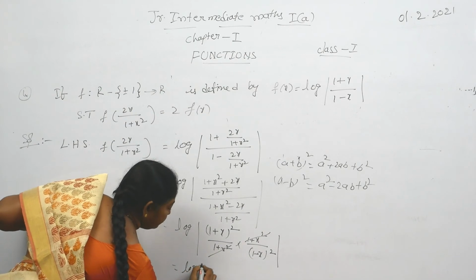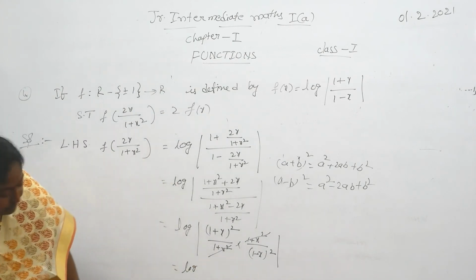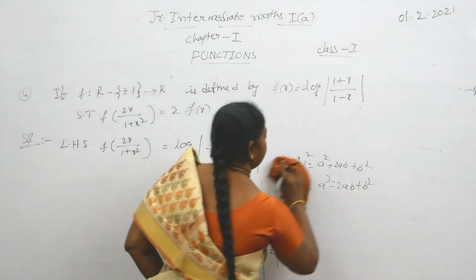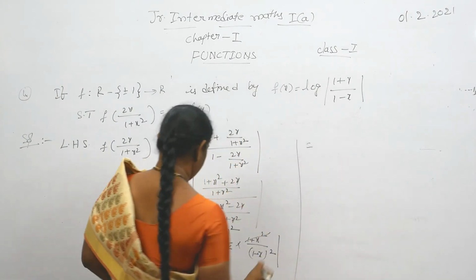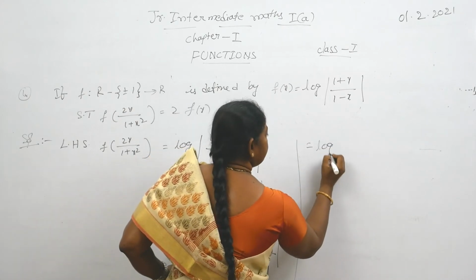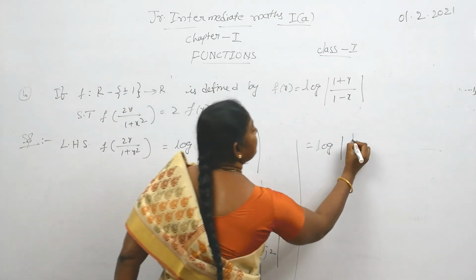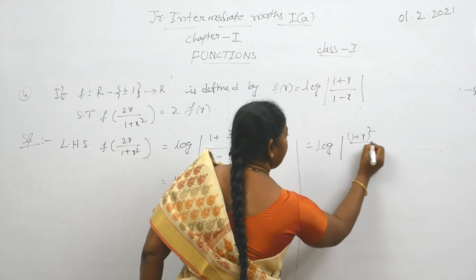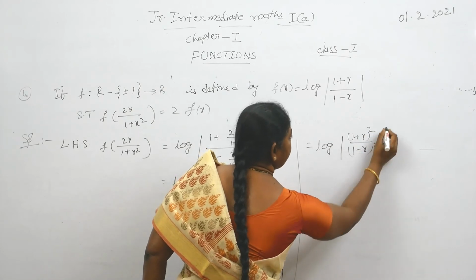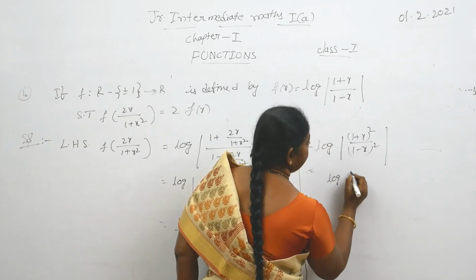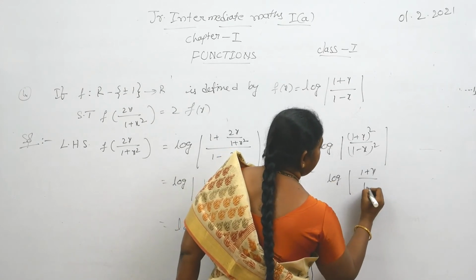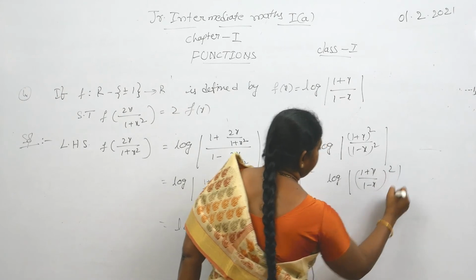So log of modulus of (1 plus x) whole square by (1 minus x) whole square. So log of ((1 plus x) by (1 minus x)) whole square.